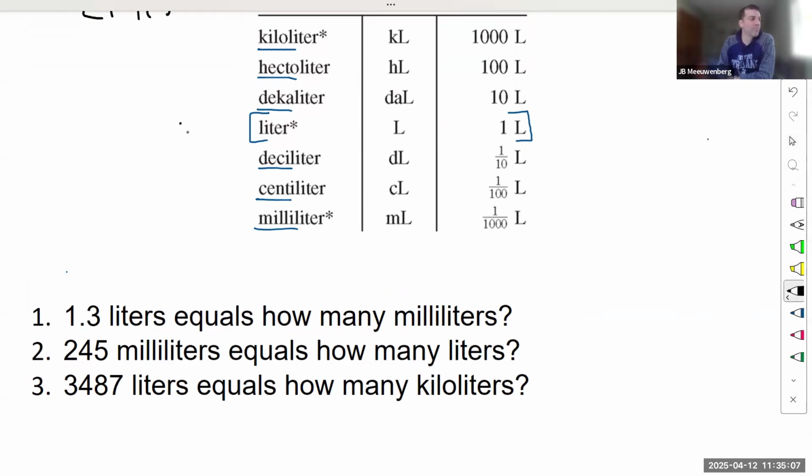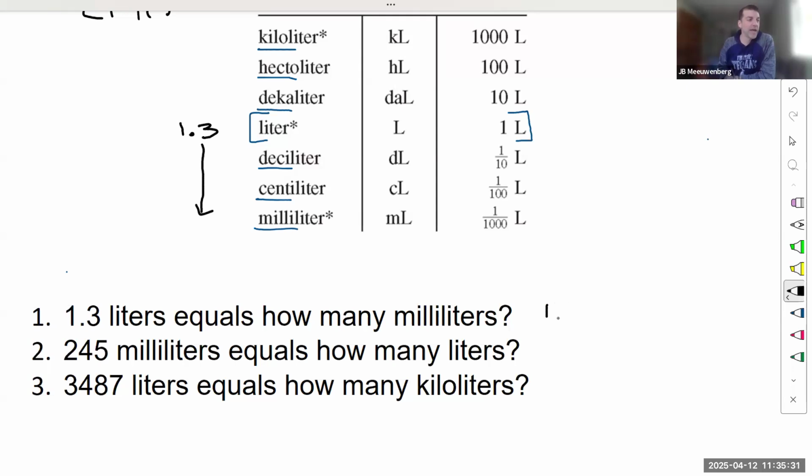So if we have 1.3 liters and we want to know how many milliliters that is, we're going down the chart. When we're going down, we're measuring with a smaller unit of measurement, which means you're going to have more of those things.